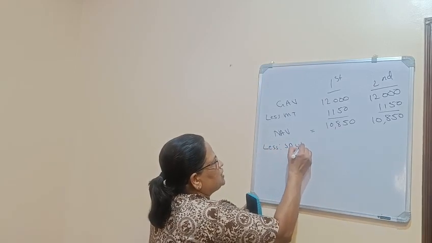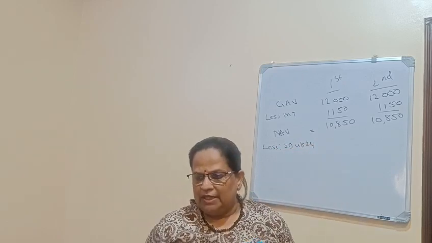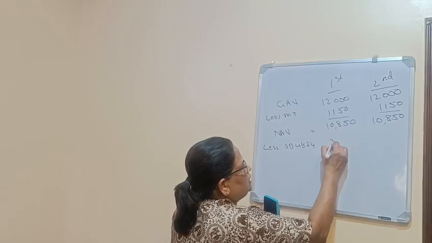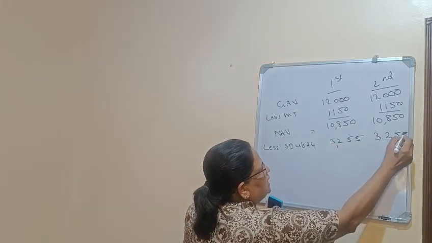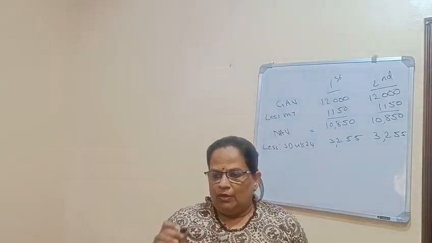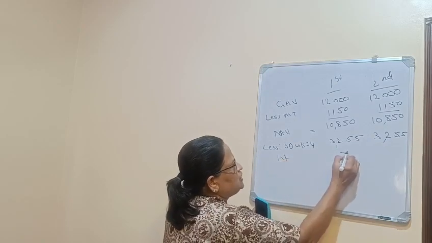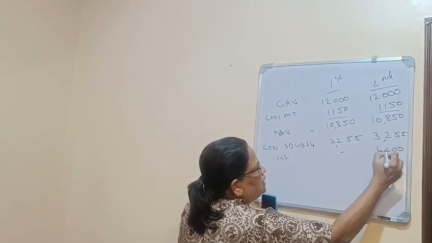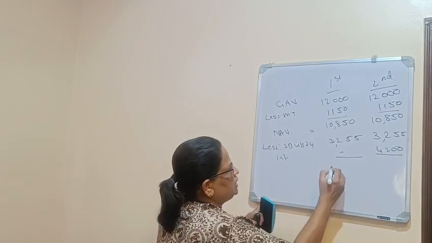Standard deduction under section 24. So 30% of this value, that is 3,255. Here also 3,255. Now, interest on loan taken for the construction of the first flat, it's nil. Second flat, it's 4,200. So when you reduce these values, 7,000.